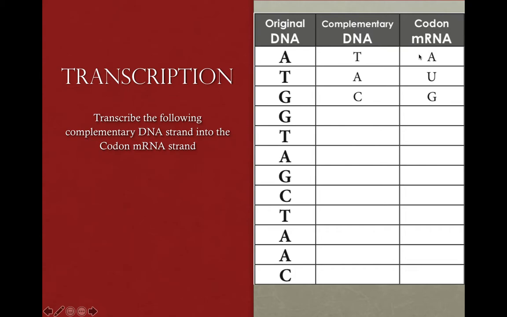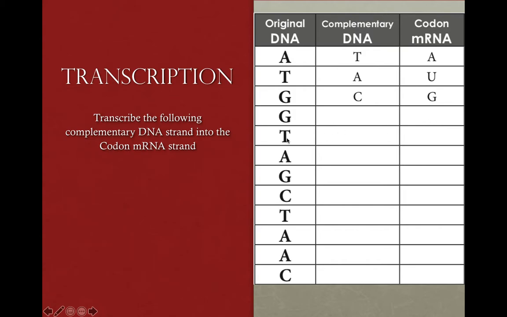If you notice, now we're going to pair A right here with T. A pairs with T. But here's another A. But what about RNA? Does RNA have a T? It does not have a T, so we would put a U there instead, because remember, RNA has a U instead of a T. C would pair with G, and so if this is a G here, you would have a C here, and then you would have a G over here in the codon column.